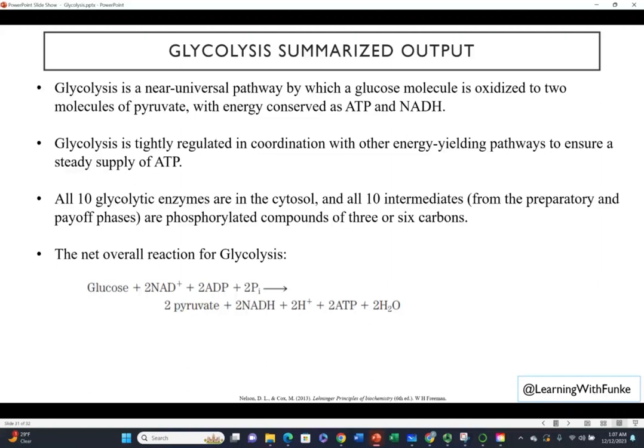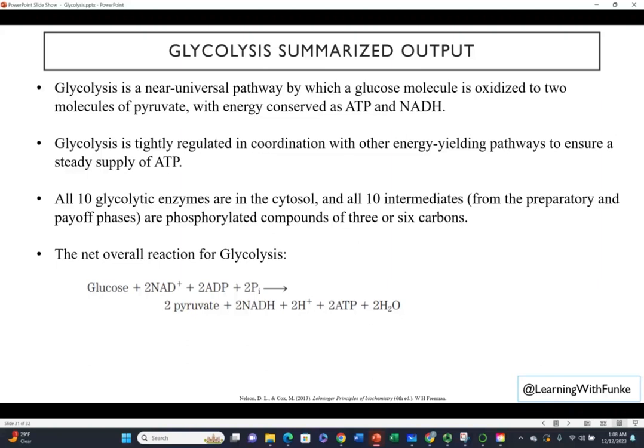We start with a glucose molecule that is energy packed, and it ends up being oxidized in glycolysis to form two molecules of pyruvate, with energy conserved in the form of ATP as well as NADH, which undergoes further reduction downstream to produce even more ATP, as we'll be seeing when we start to talk about the TCA cycle, pyruvate oxidation, the ETC, and those further discussions.